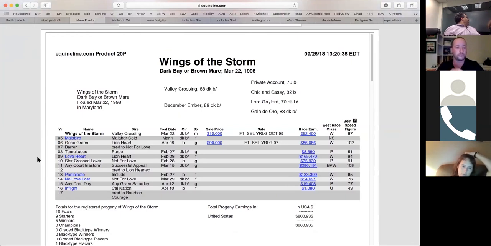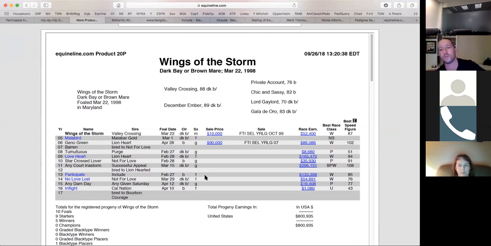So this first page lists all of the horses out of Wings of the Storm. If they sold in a sale, it'll tell you the most recent sale price that they fetched. It tells you how much they've earned at the racetrack, their best race class.